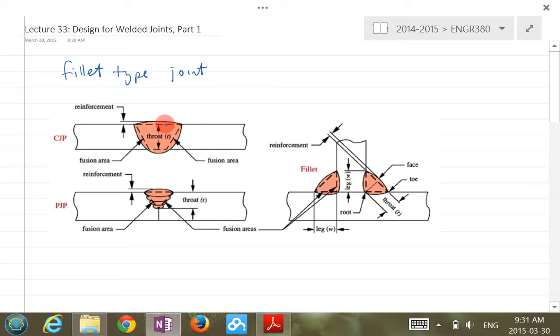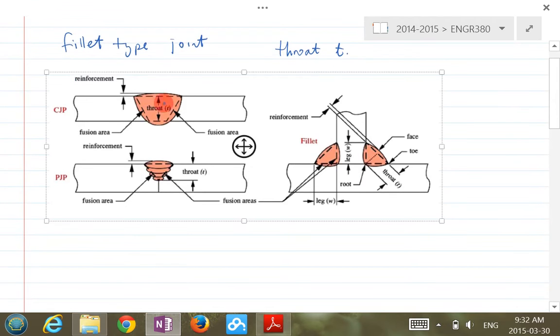One of the key parameters in welded joints is the so-called throat here, the T. This T is a key parameter that basically determines the strength of the welded joint. If it's a butt weld, the T is fairly easy to determine, and that is basically the thickness of the member here.